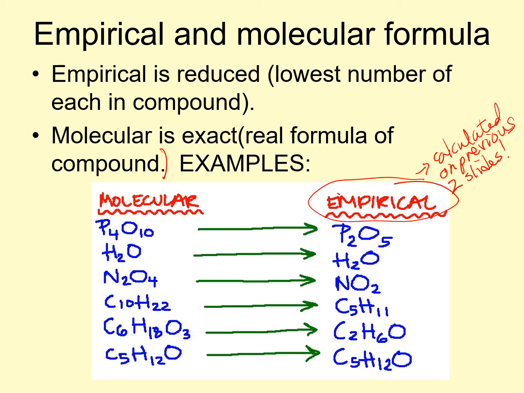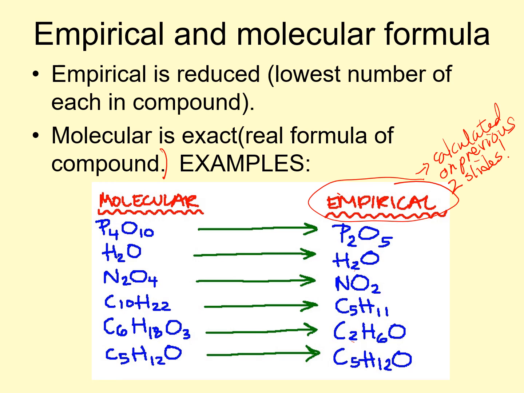So molecular, like here, we know water is H2O. That's its identity. Okay, it's also the same as the empirical formula because there's 2 H's and 1 O. But for some compounds, their empirical formula is lower, so 2, 6, 1. There's really 6 carbons, 18 hydrogens, and 3 oxygens in the identity of that, okay?